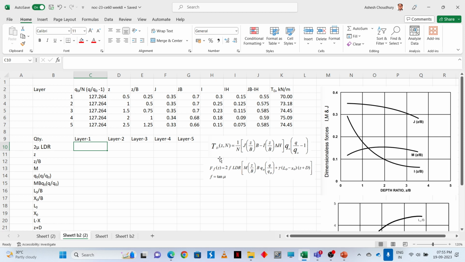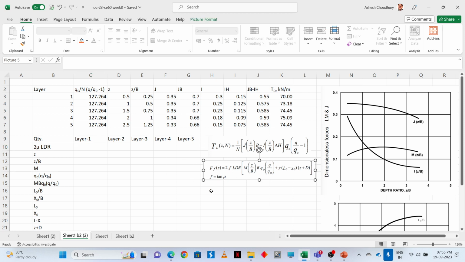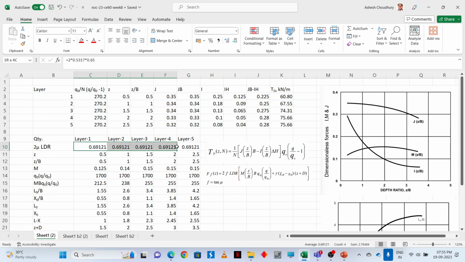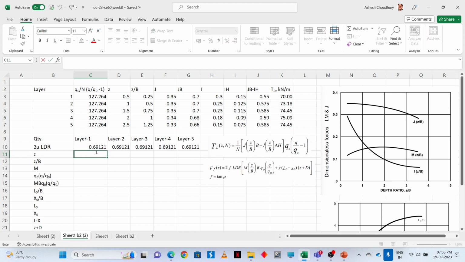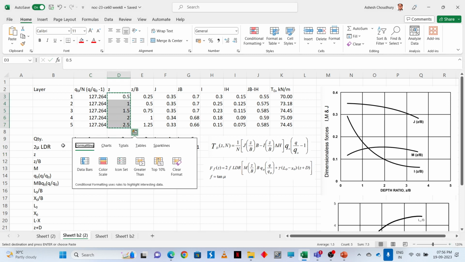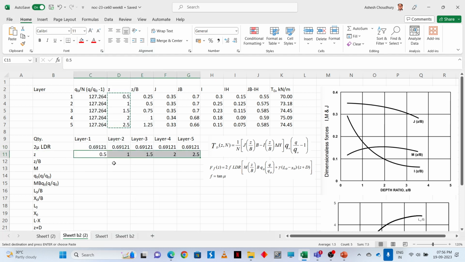Right, let us come to this next part. That is our pull out forces. So this will be same. This will be same for this also. Z. These are the Z's. Z by B's same.